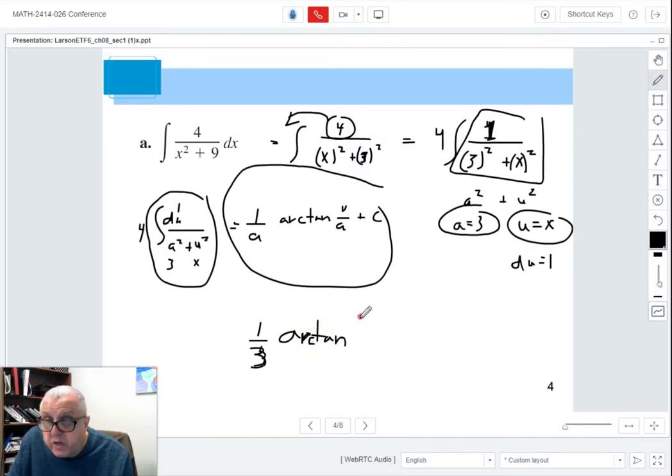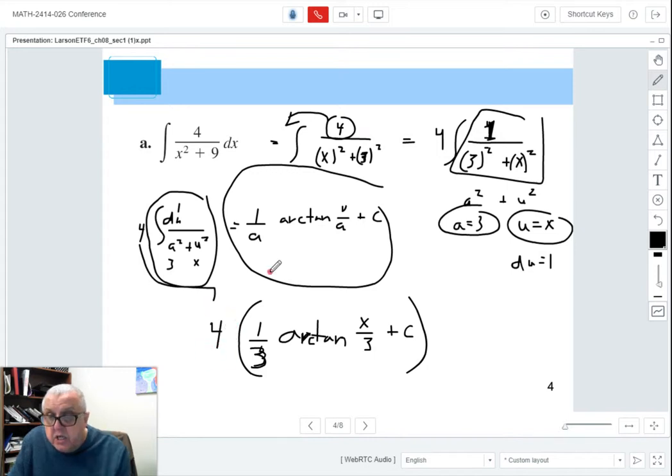Arctangent u over a, u is x and a is 3, plus C. So our integration changes to this, and don't forget, there's a 4 sitting out in front. So finally, if I multiply by 4, I end up with 4/3 arctangent x over 3 plus C.